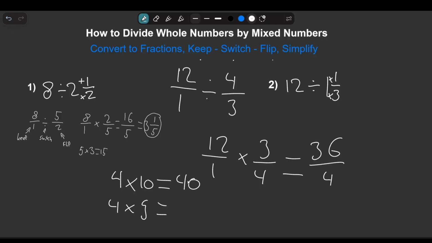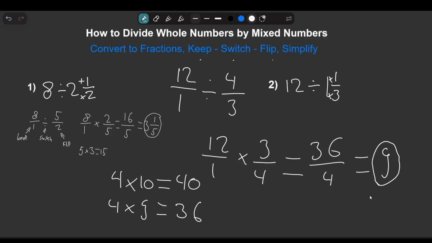We just do 40 minus 4, and then we have 4 times 9. So 4 times 9 will equal 36. And we can see here, we get exactly 36. So to simplify this, we can say 4 fits 9 times into 36. So our final simplified answer will be a simple, whole, nice, clean-cut 9.